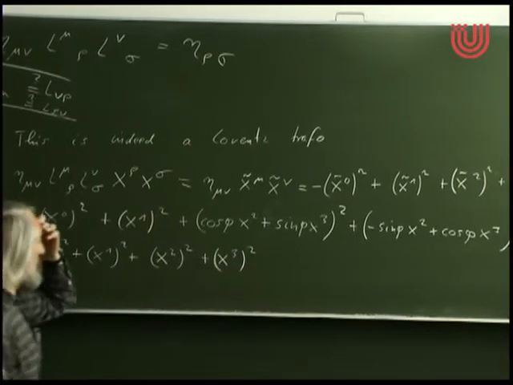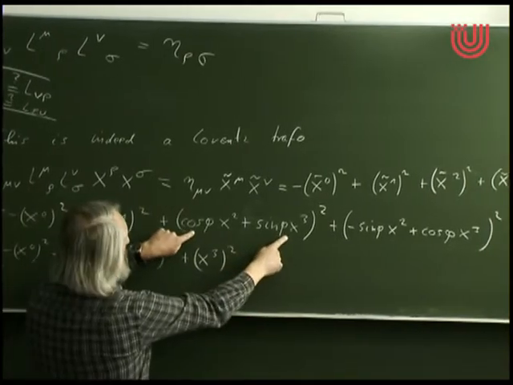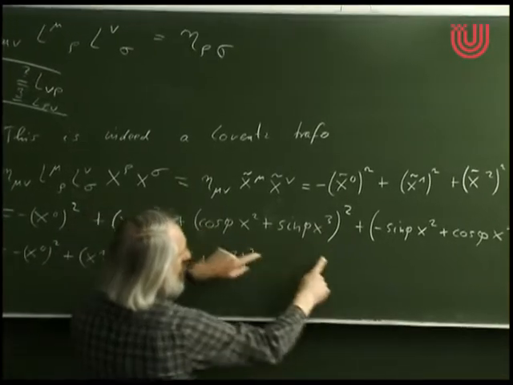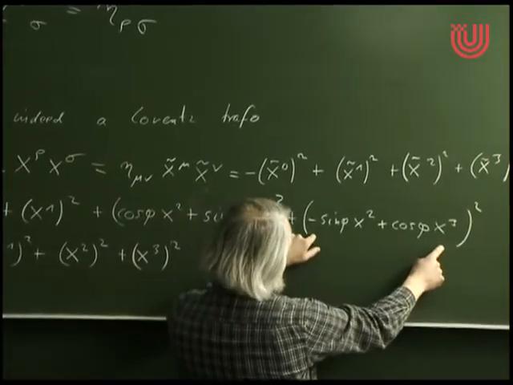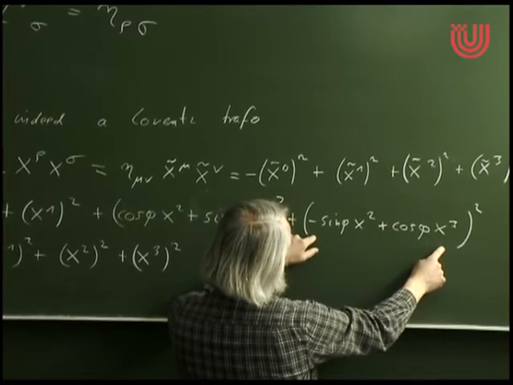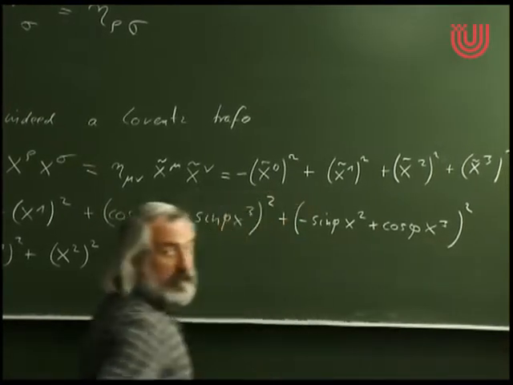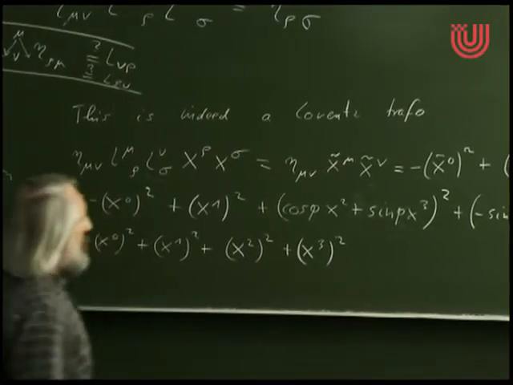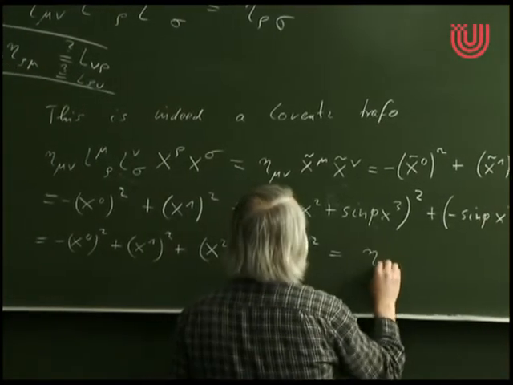And then there are two mixed terms. From this term I get 2 times cos times sine times x2, x3. And here I get minus 2 times sine times cos x2, x3. So the two terms cancel. And that's it. Okay? And now I rewrite this again with the help of my eta.